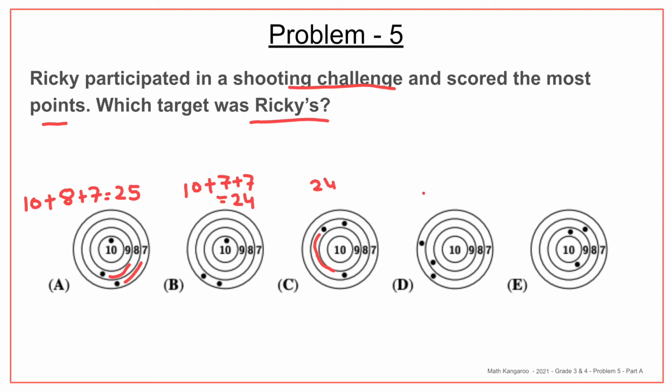Here we get 8 plus 2 7s, so 14. The score is 26. Here we have 2 9s and 1 8. So 18 plus 8 gives us 26. So the highest score is option E.